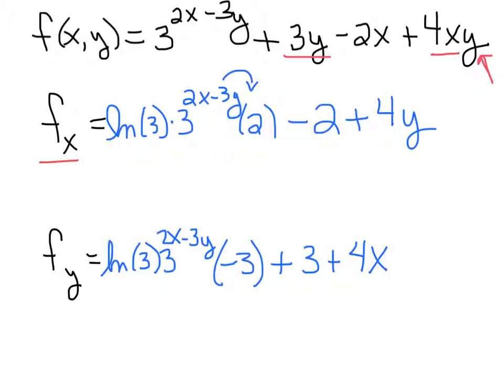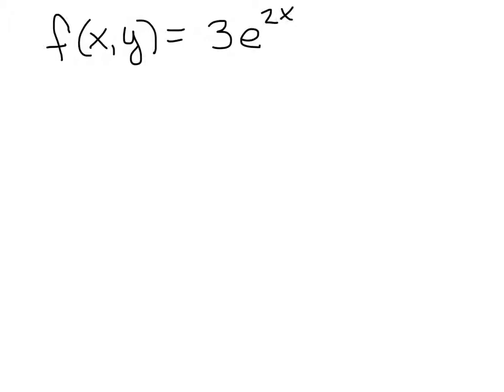So that's it. Those are the major issues that folks are having right now with partial derivatives, with exponential and logarithmic functions. If I can add just thinking ahead, that we do have a function that has x's and y's in it, but what if we have a 3e raised to the, let's make it 2x minus 3y.